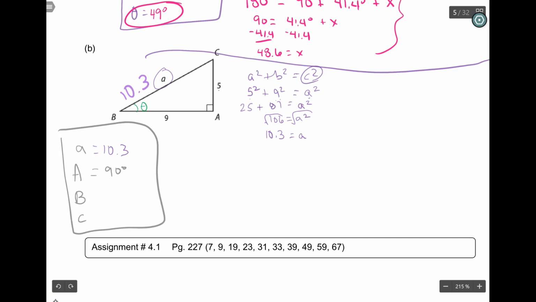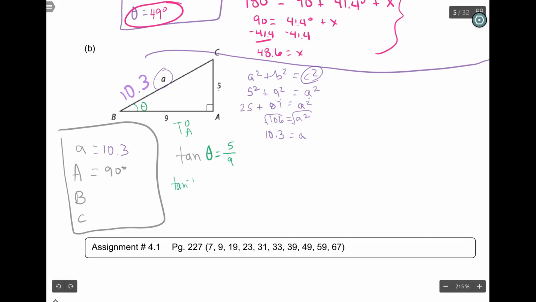Alright, so I know actually all three sides, so that's totally chill. So I'm going to say tangent of my angle theta is going to be, SOHCAHTOA, opposite here is going to be 5 over adjacent, which is 9. So to find the angle, I have to use inverse tangent.